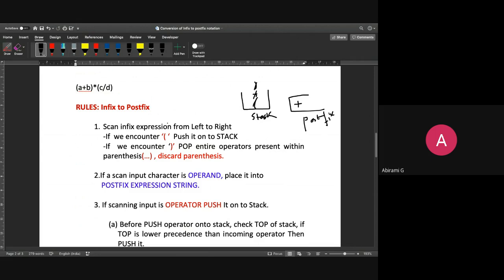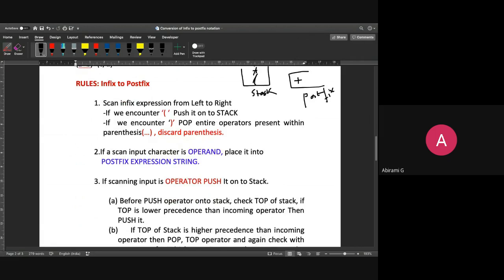If you see an open bracket, simply push it onto the stack. And if you see a close parenthesis, then we have to pop the entire operators present within the parenthesis, open and close, and place them into the postfix expression. The parentheses are discarded because a postfix expression is a parenthesis-free expression.